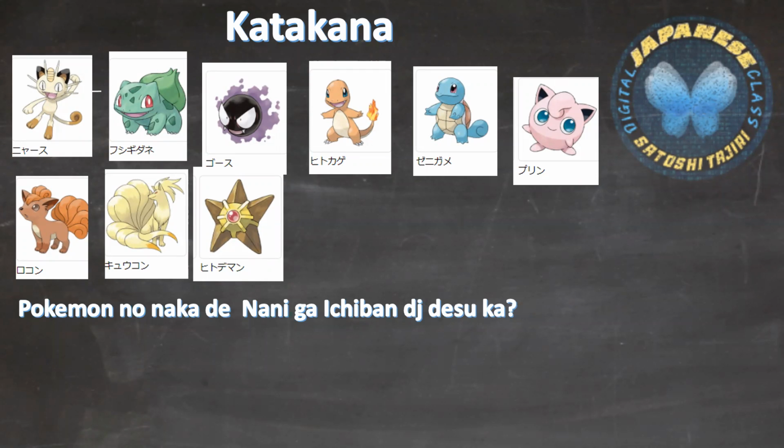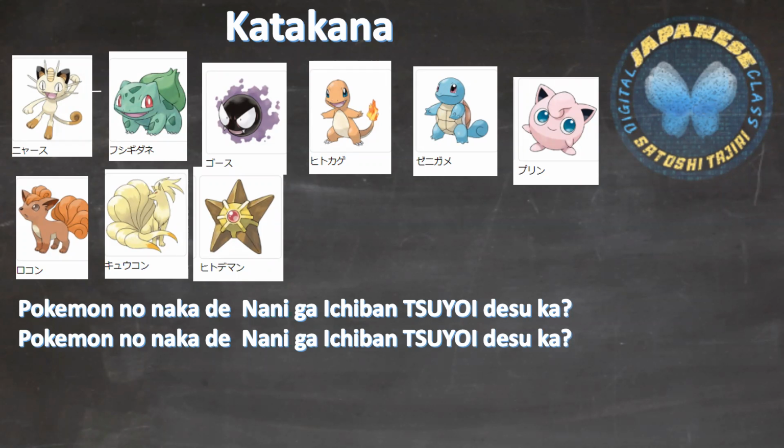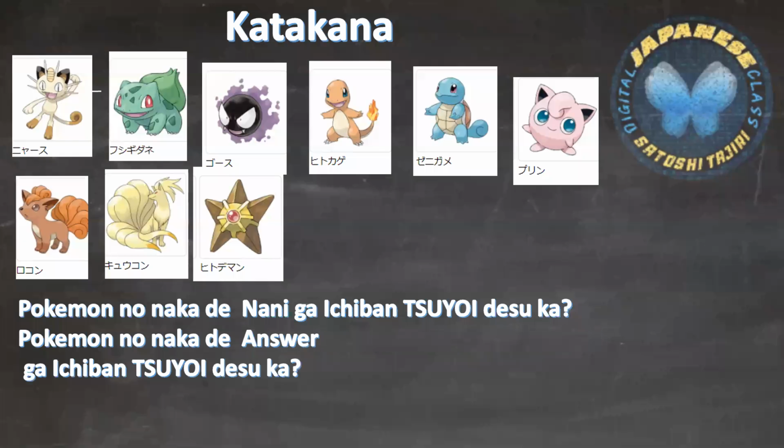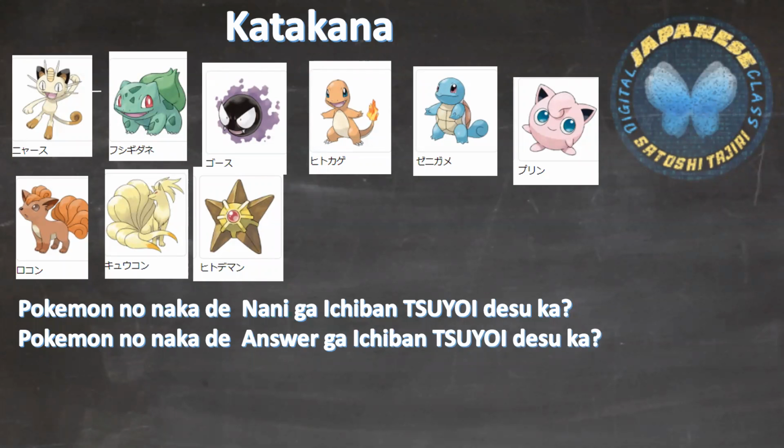Let's have my adjective tsuyoi. Tsuyoi means strong. Tsuyoi desu ka? Among all the Pokemon, who is the strongest? To answer, just drop nani and put the answer here, then ga, then tsuyoi, then drop our ka. So it becomes Pokemon no naka de answer ga ichiban tsuyoi desu.